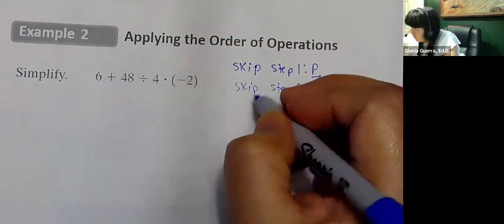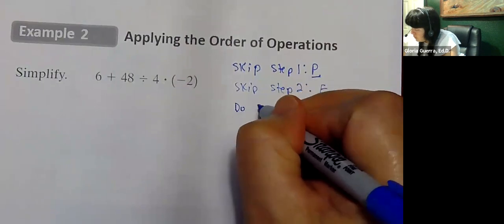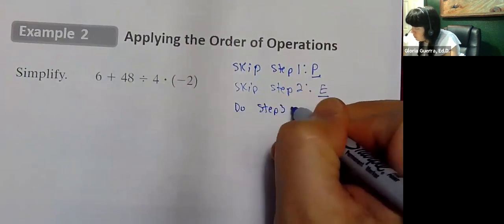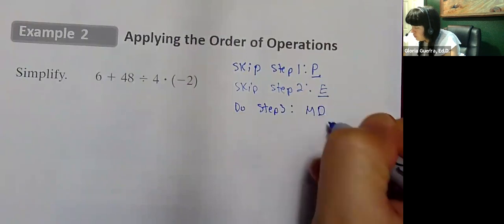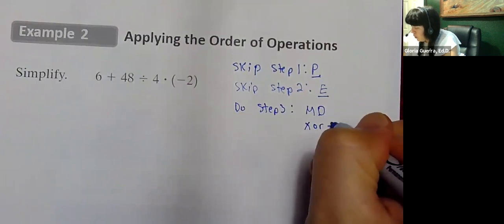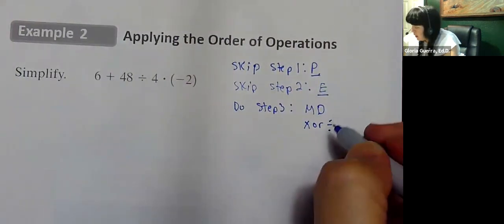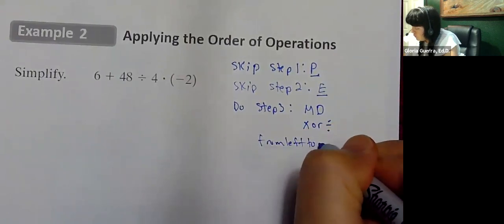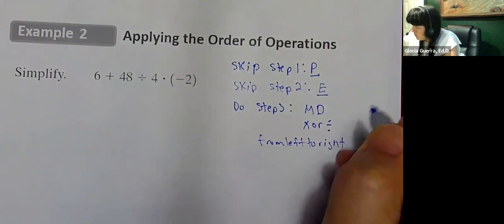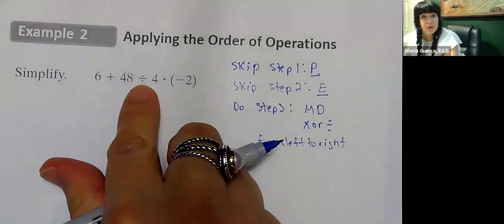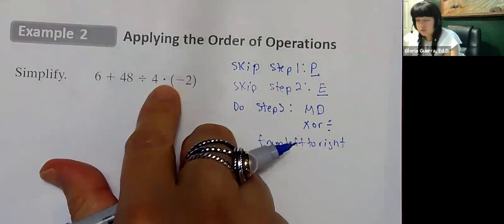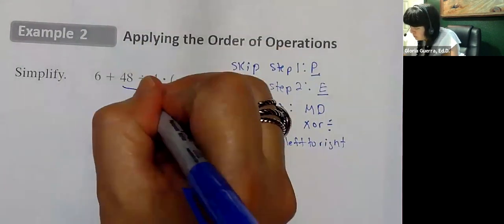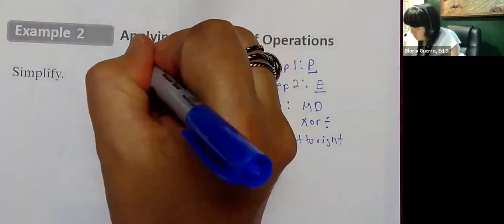But next you want to do step 3, which is the MD, which is multiply or divide. See? And how do you do that? From left to right. So you see, you have division here, and then you have multiplication. So you actually must do this first.